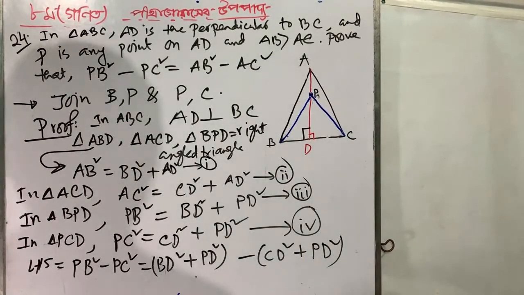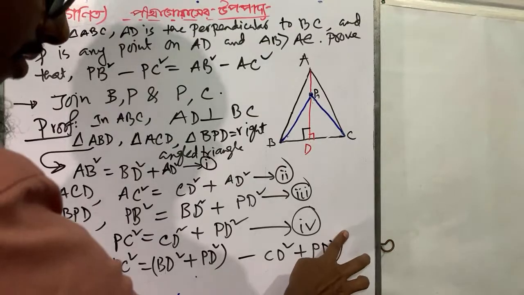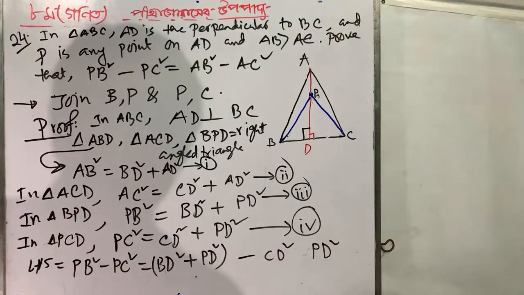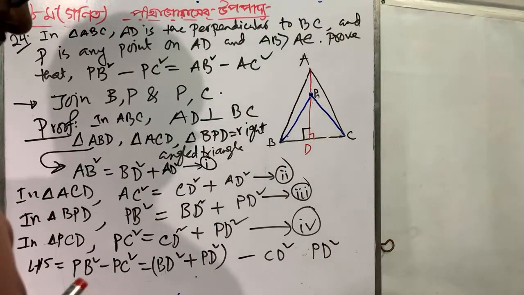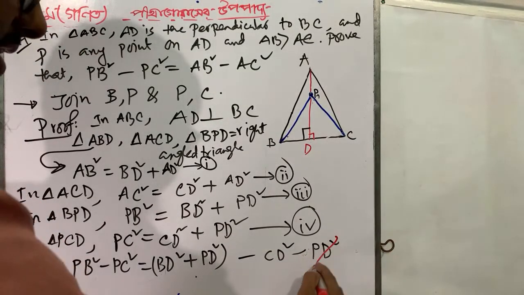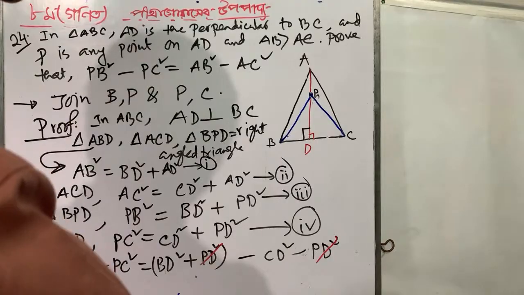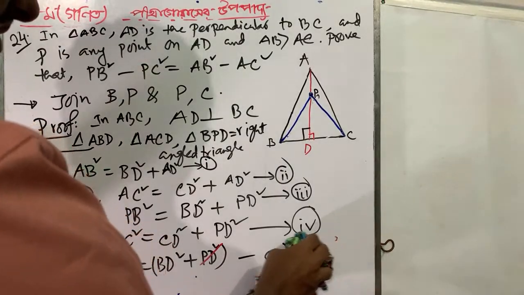Okay, so if I remove the bracket, I have this, and PD square will cancel each other, giving us only BD square minus CD square. So let's remove this.